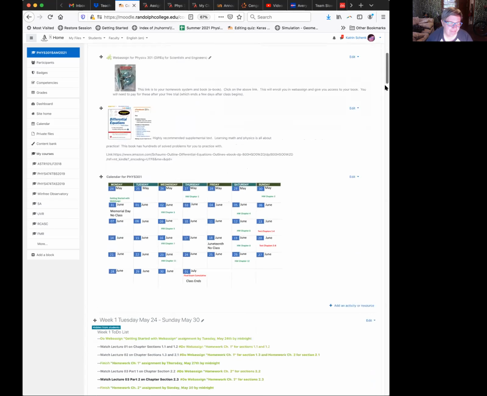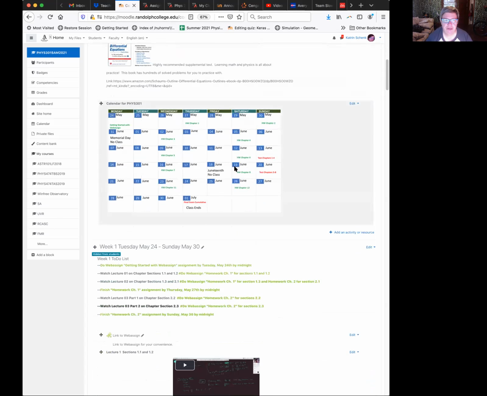We also have a calendar. It's not a very complex calendar, but you should have it open and look at it often to know what's coming up. For instance, our class starts on Monday, the 24th, and you have an assignment due. This is a WebAssign, so anything you see in green is a WebAssign assignment. This one is just a getting familiar with WebAssign assignment.